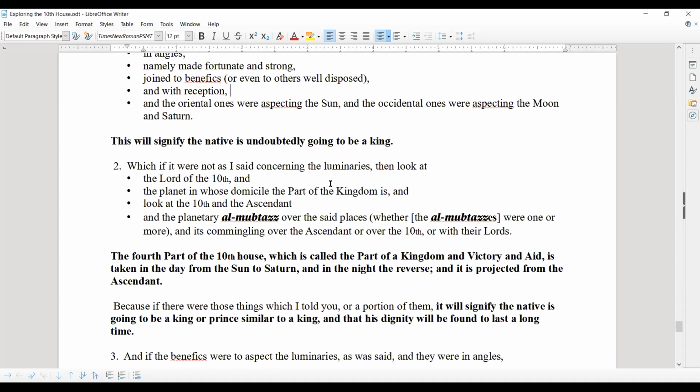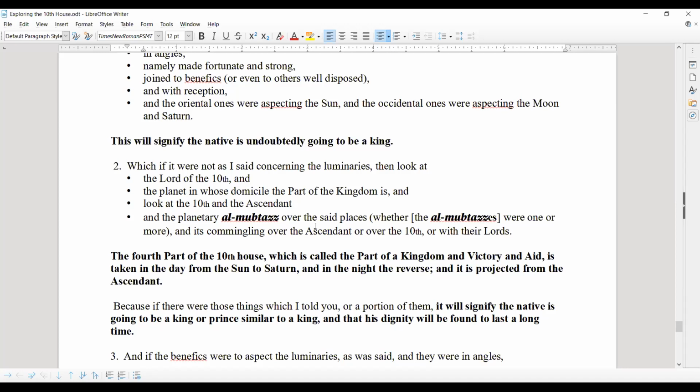So in order for this consideration to happen, the luminaries aren't in the 10th, but we would need either the lord of the 10th, the planet who's in the part of kingdom, and look at the 10th and the ascendant, and the planetary al-Muqtas over those places. So the ruler of the 10th, the ruler over the part of kingdom, and then the ruler of the lord of the 10th even.